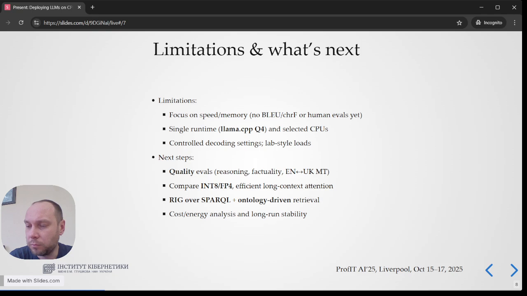We use SPARQL templates and some transformer model for choosing and classifying these templates according to the user's natural language request to the system, and we use some LLMs for an AI agent that will only compile the answer of our system, not using the LLM's knowledge, but using the knowledge that we can get from our Apache Jena Fuseki triple storage to present the natural language answer to the user.